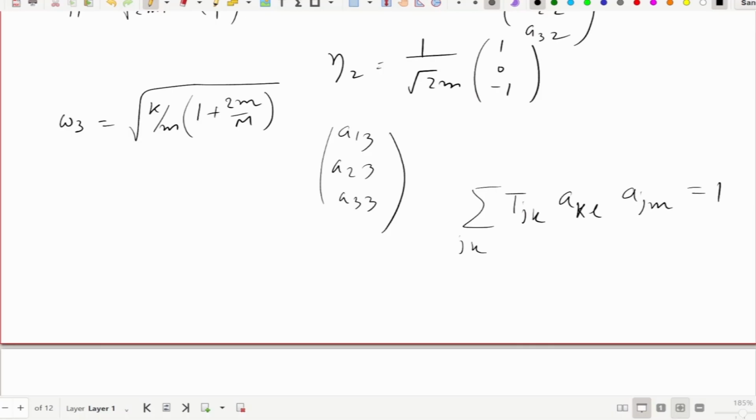So, then if you substitute and use this normalization equation, you will find, this I leave as an exercise for you because we do not have time.